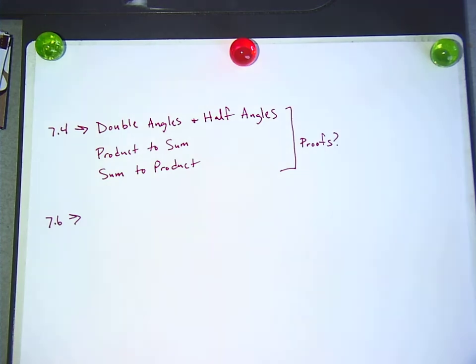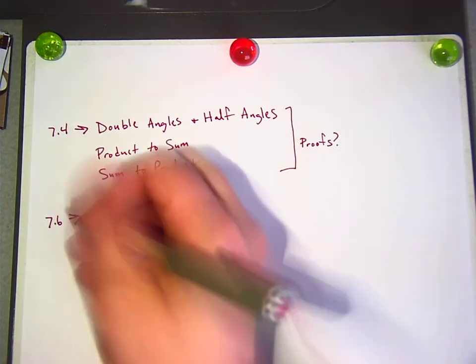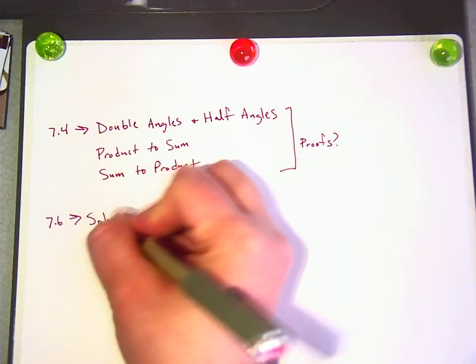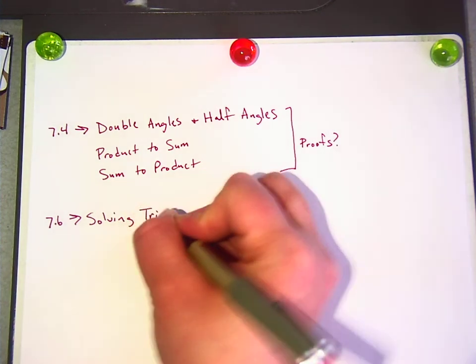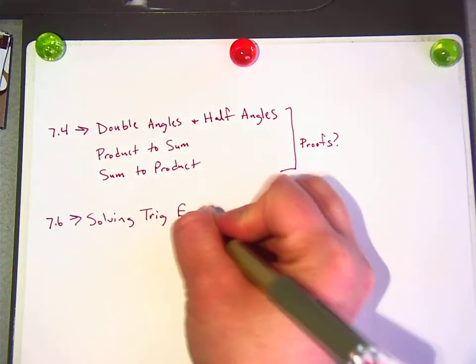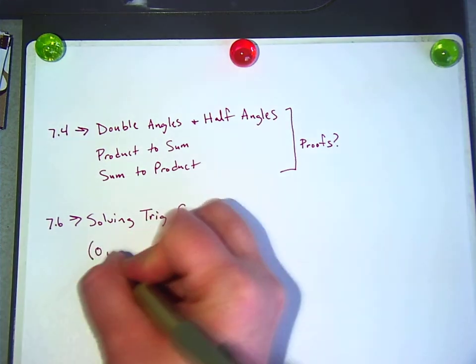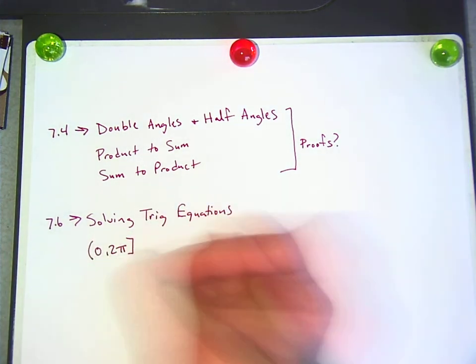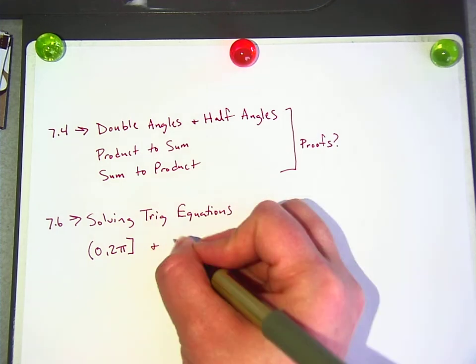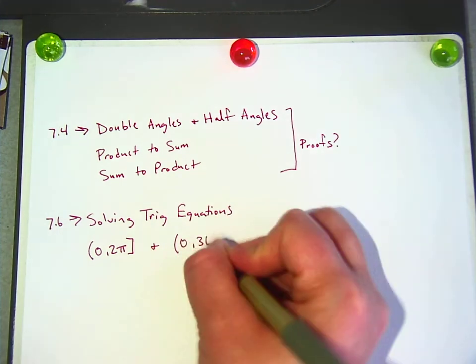And then we did 7.6, which is solving trig equations. You have to be able to solve it in radians and in degrees.